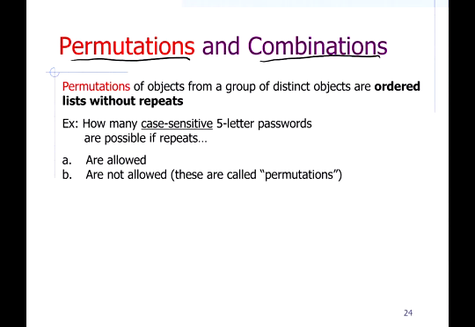In both of these cases, the key is no repeats. So permutations of objects from a group of distinct, now remember, distinct is important, different objects, like a deck of cards, 52 different cards, are ordered lists without repeats.